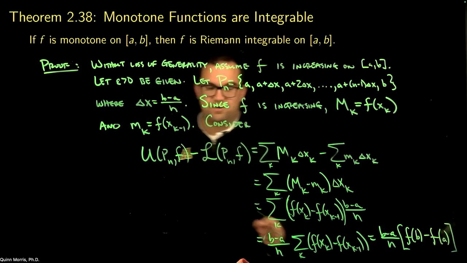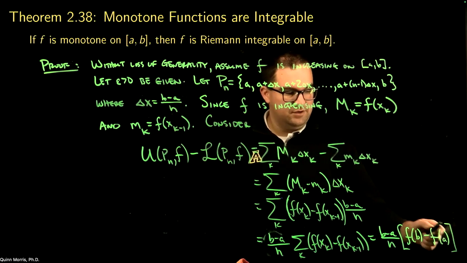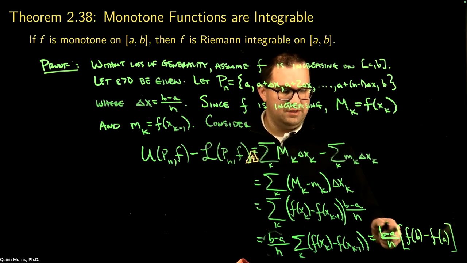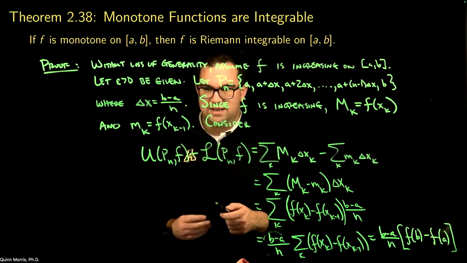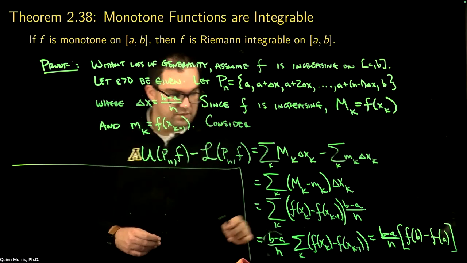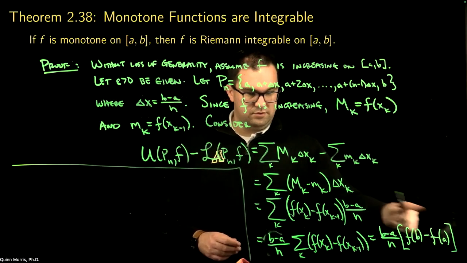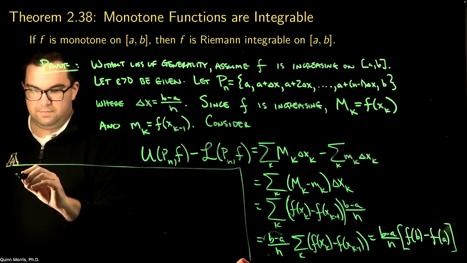Well, now notice, if I look at this, what happens as n goes to infinity? As n goes to infinity, this is a fixed quantity, this is a fixed quantity, and I have an n in the denominator. So as n goes to infinity, this term is going to 0.